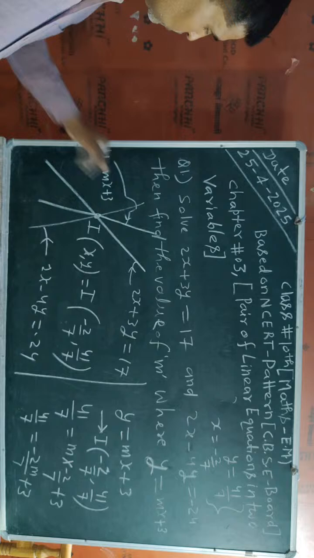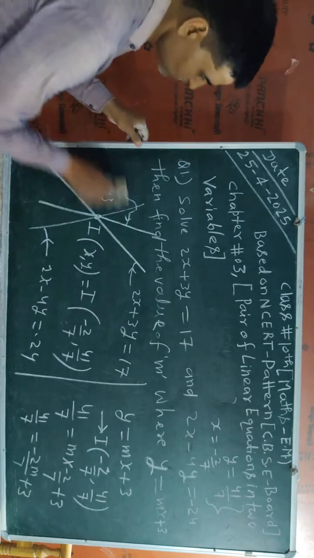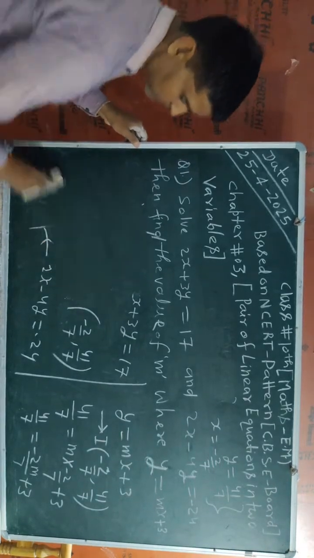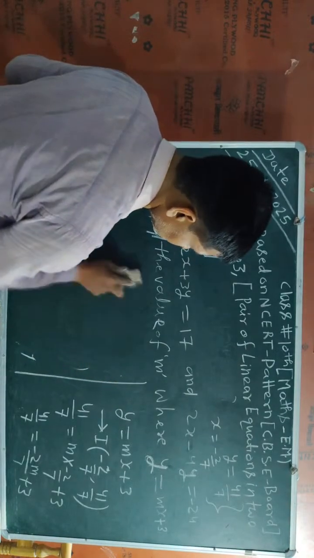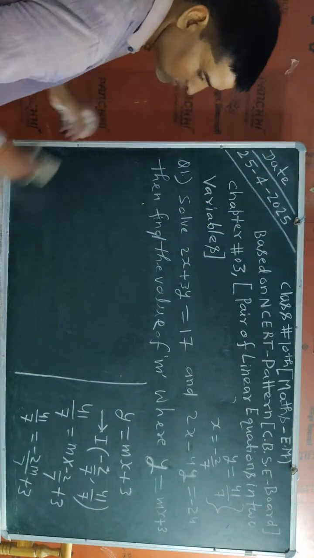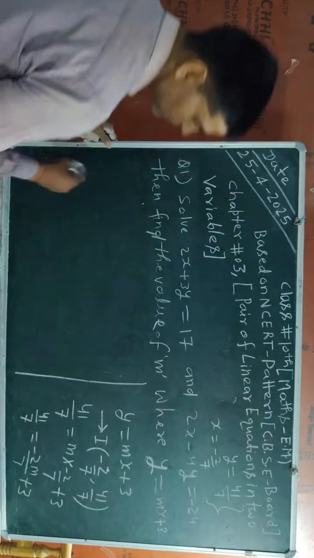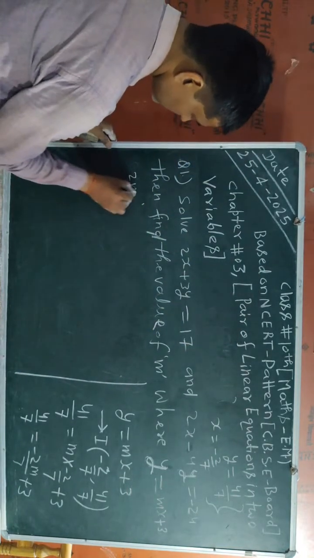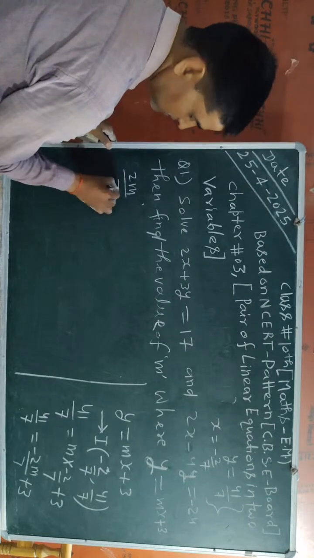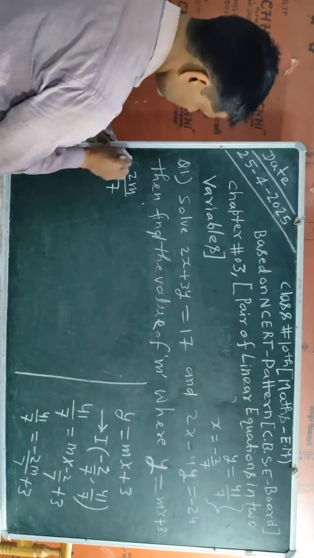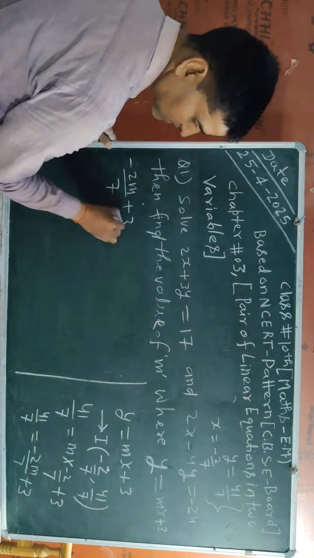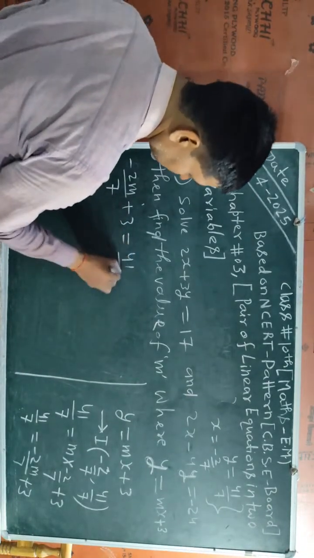Now further I am going to erase this one, because I want to proceed with my calculation. Here I am going to write this term on the left side. So 2m divided by 7, minus 2m plus 3, is equal to 41 divided by 7.